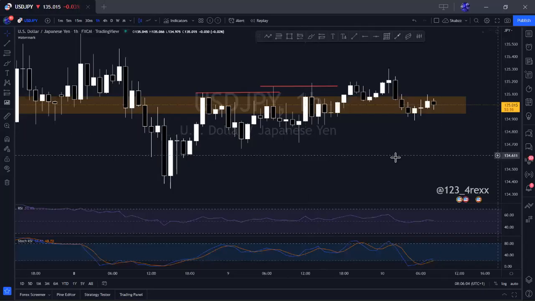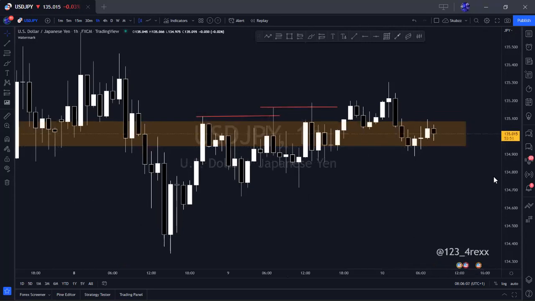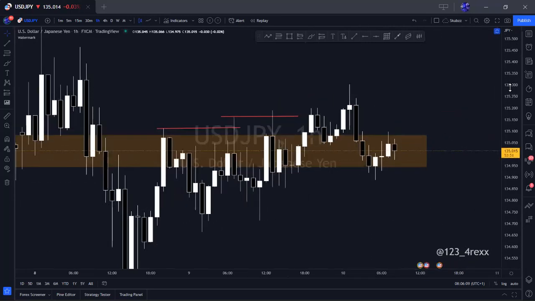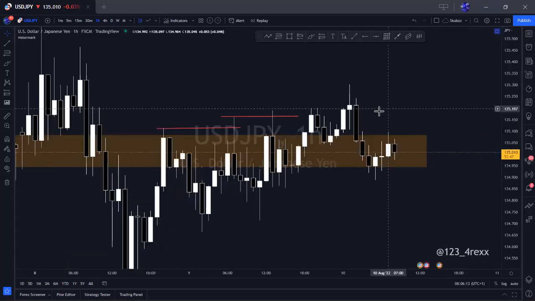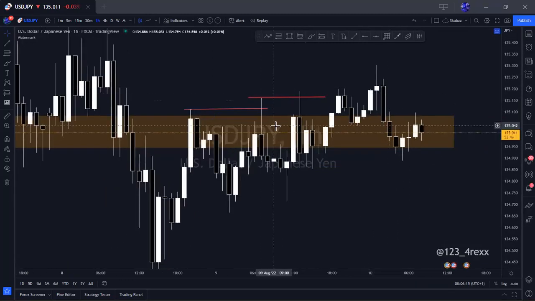And then let's go to charts. Let's start with USD JPY. Yesterday we had a setup on USD JPY. I closed it in small profits because USD JPY did not want to actually move yesterday, because we had weakness on the dollar. We saw Euro USD, NZD USD, and GBP USD impulsing to the upside.